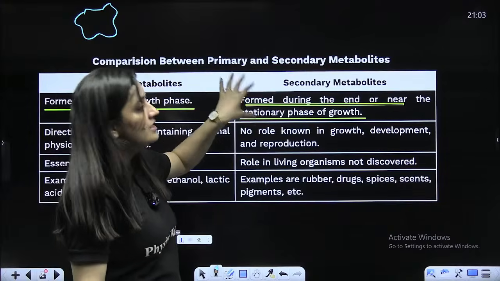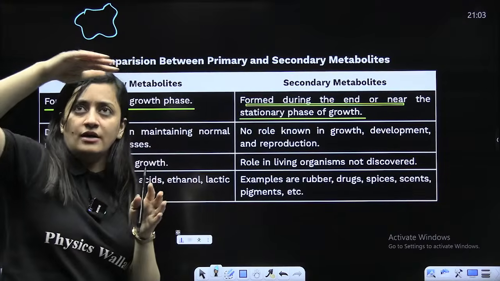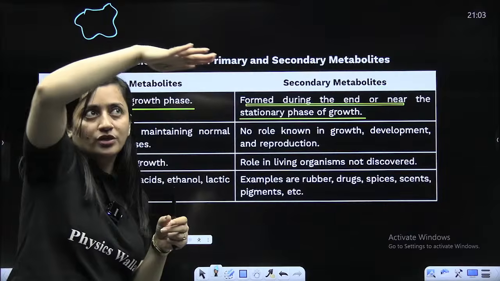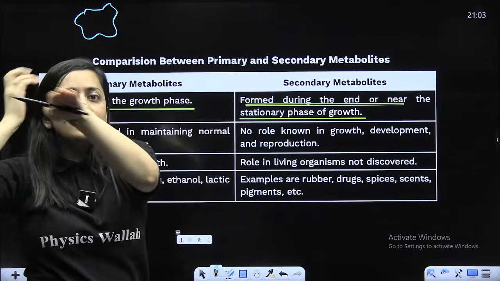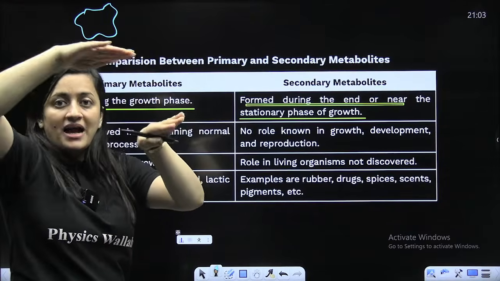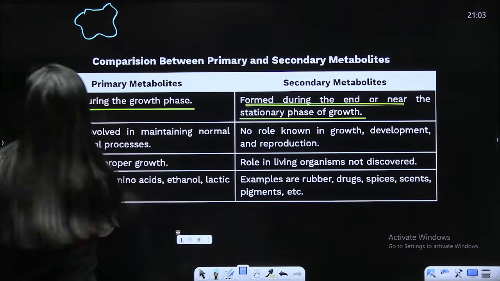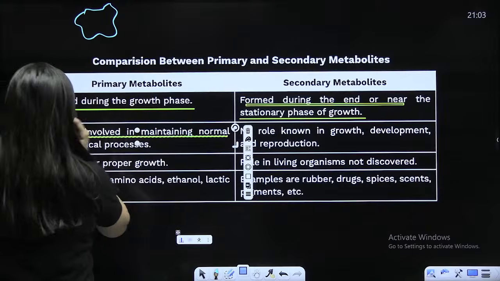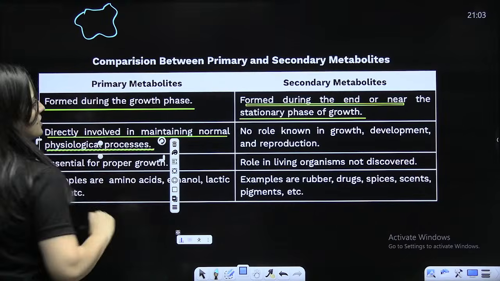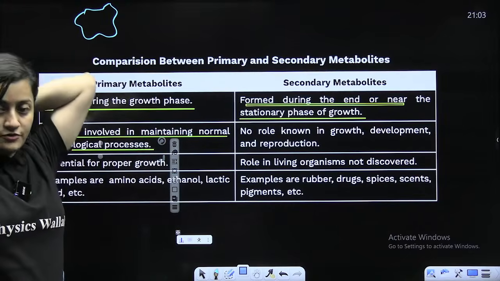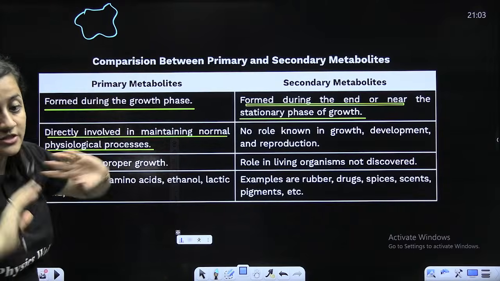Now, secondary metabolites form when the growth phase is done, when there is a stationary phase, when growth has stopped and maximum growth is reached. Primary metabolites are directly involved in maintaining normal physiological processes. For our basic processes, we need them.